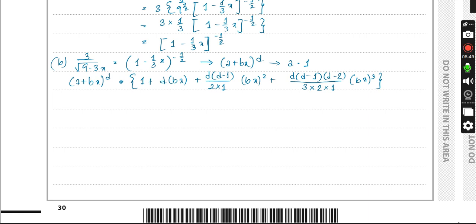So if we do this for our expression, (1 minus 1 by 3x) to the power minus half, a is 1, b is minus 1 by 3, and d is minus half.